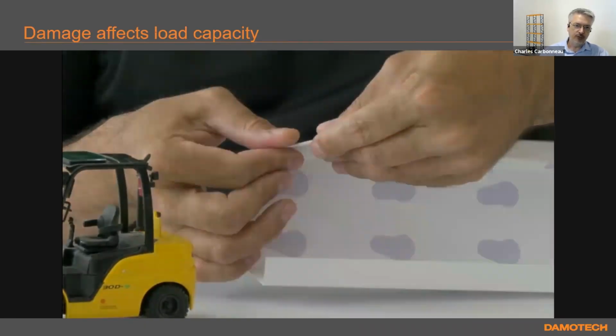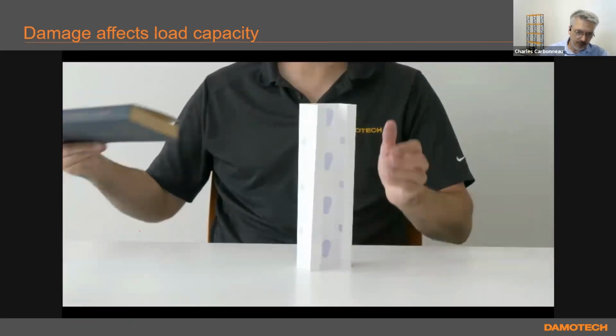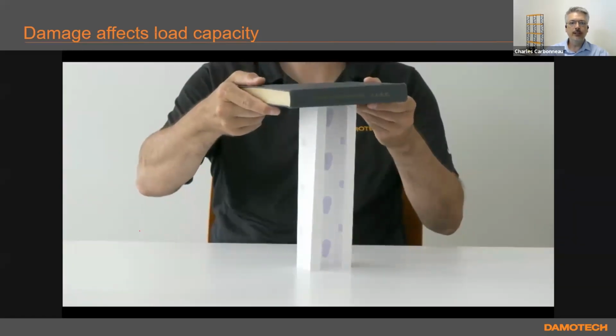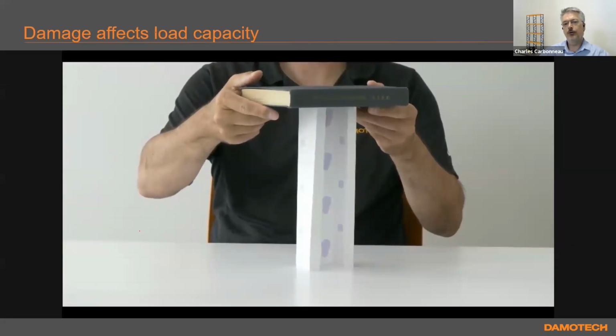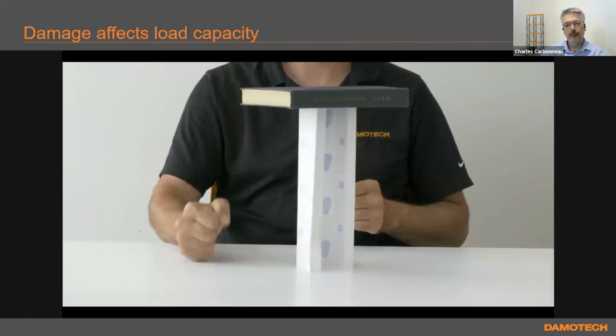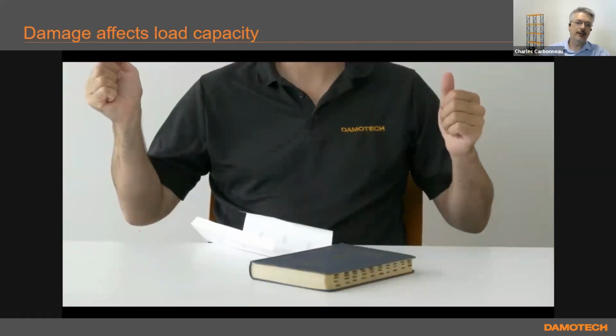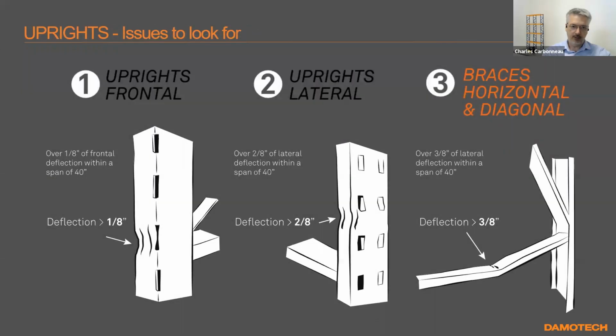I just folded the paper. It's hard to see, but there's a fold at the bottom. Can it hold the load still? Yeah, and that's what you observe out there. This is kind of an exaggeration, but that's the problem. When it goes, it's rather violent, and all these little damages accumulate along the height of the upright and can lead to disaster.